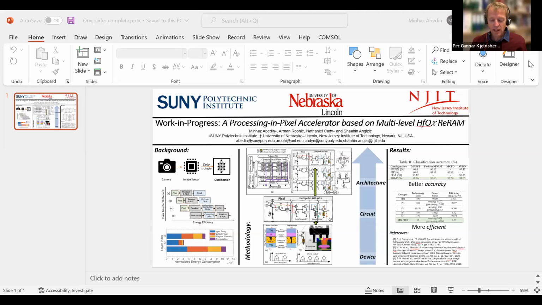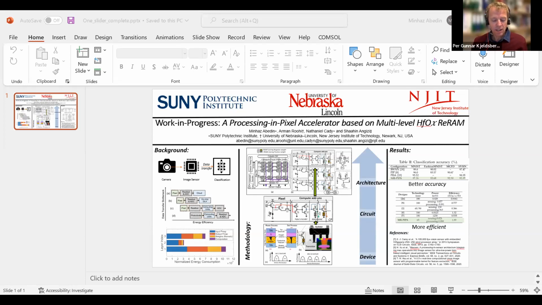work in progress papers. The first one is presented by Minas Abedin, and the paper title is A Processing in Pixel Accelerator Based on Multi-Level HfOx RRAM. Abedin is pursuing his PhD at the College of Nanoscale Science and Engineering in New York, USA.